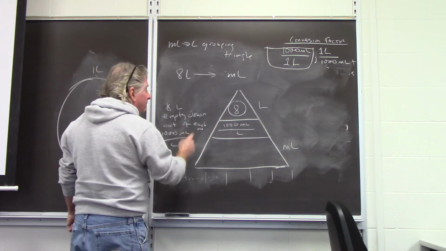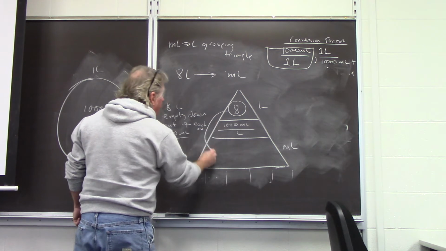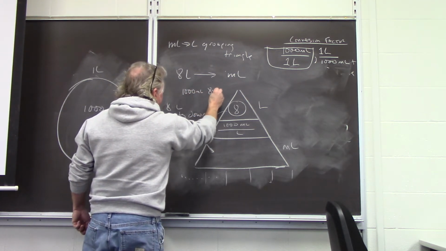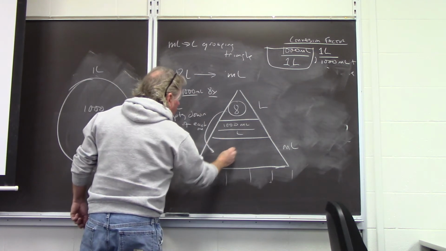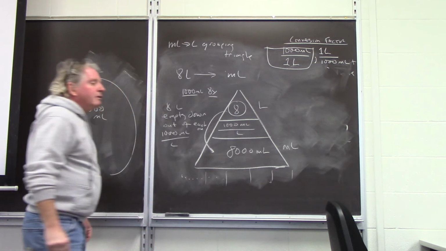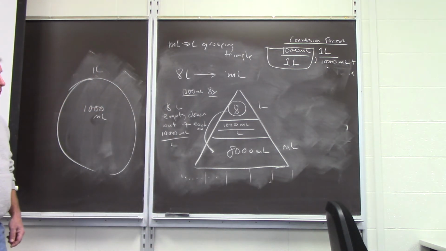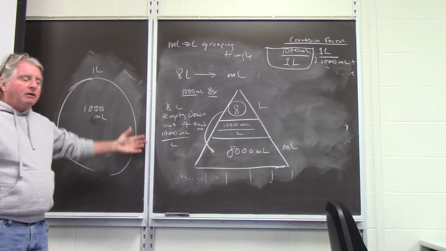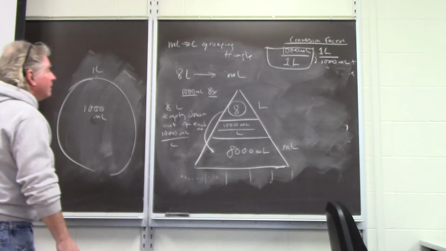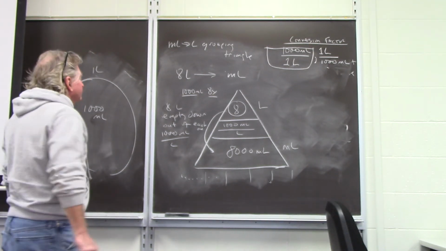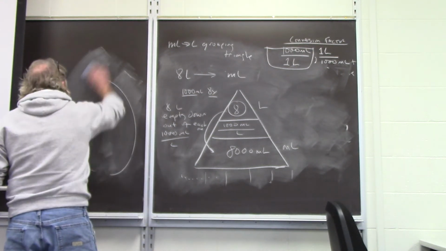Okay, so I'm going to do 1,000 mils 8 times. And so I end up with 8,000 mils, which makes sense. I'm just opening up each liter and emptying out 1,000 mils. So I end up having 8,000 mils.